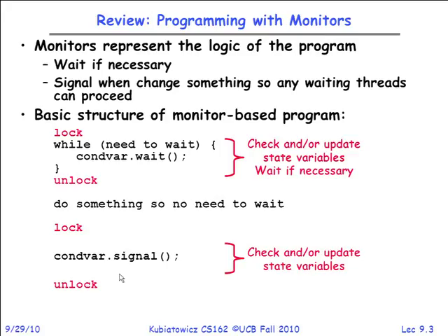So your question is, do you have to unlock here and relock there? You don't have to, but if you look at the reader-writer example, the reason we unlocked here and relocked there was that the do-something step was a very long-lived process, like going after a database.